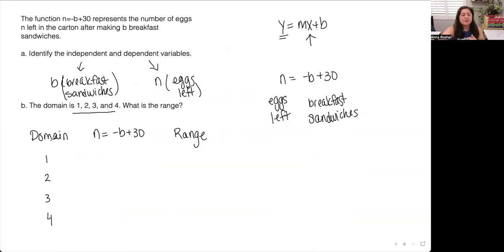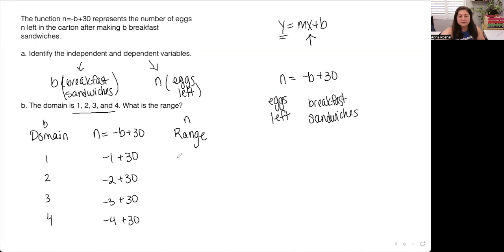I know that my domain represents my x, my independent variable. So my domain is going to be b. My range will be n. So I'm going to have negative 1 plus 30, negative 2 plus 30, negative 3 plus 30, and negative 4 plus 30. Basically, I'm using an egg every time I make a breakfast sandwich.